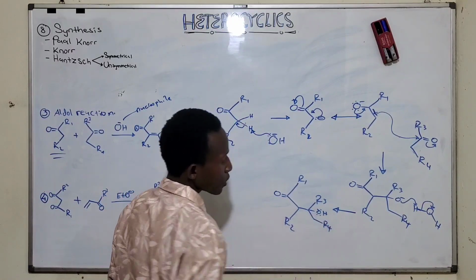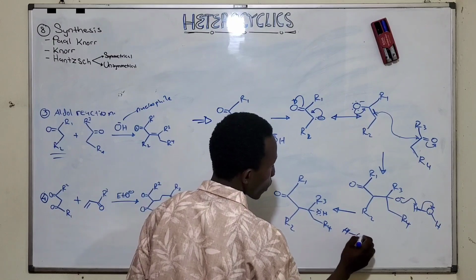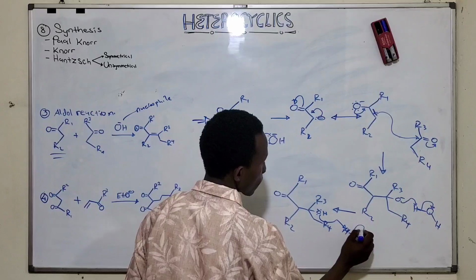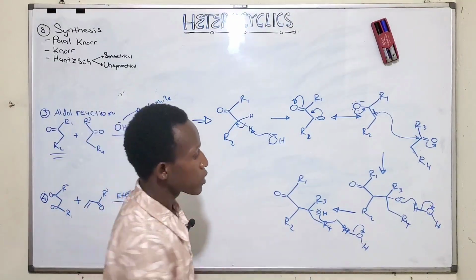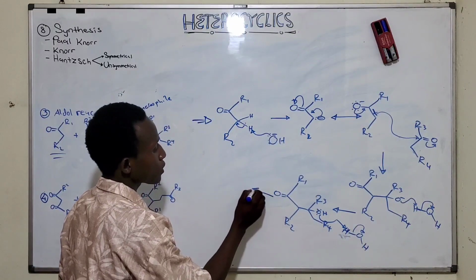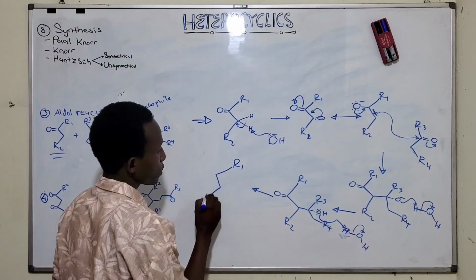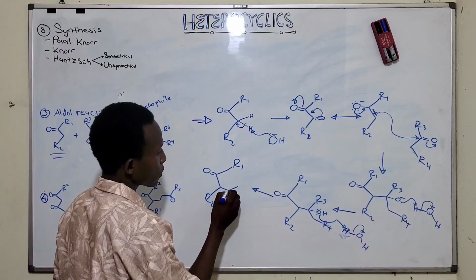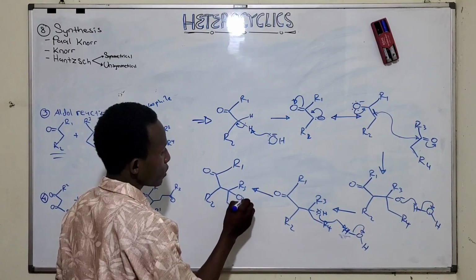It still has lone pairs of electrons. It will attack more water. So we are forming the OH back, because this hydrogen breaks off from the water. So we shall have this: R1, R2, this oxygen, and this R3, R4, and H2.